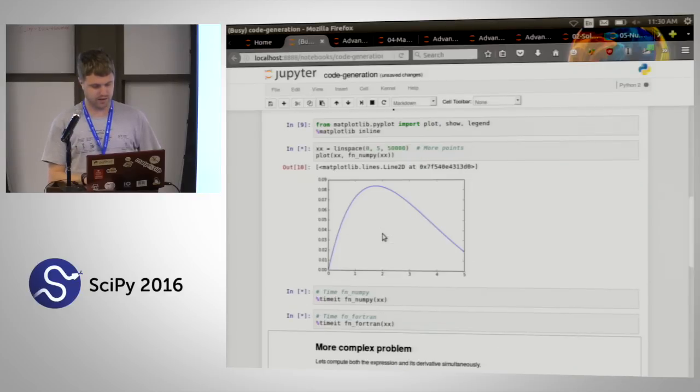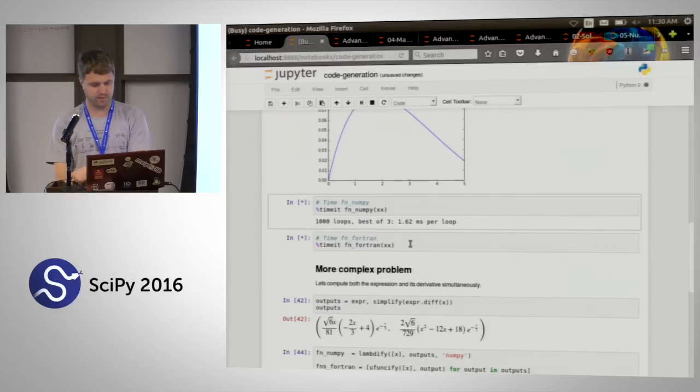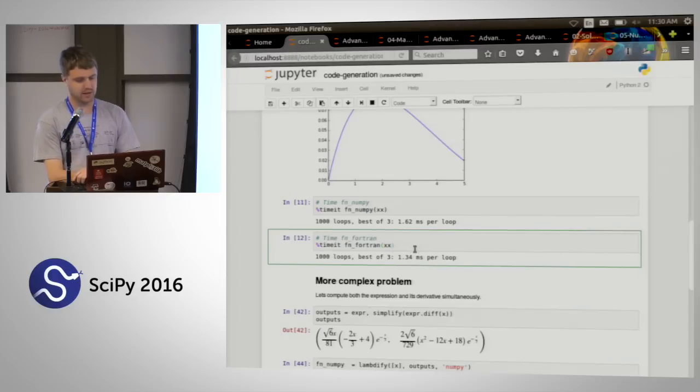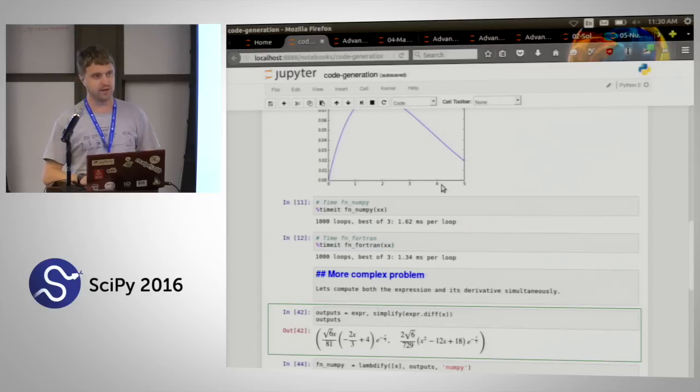And so we can plot them, and then we can see here the ufunc version, which has been compiled down. Yeah, so the ufunc version is faster than the NumPy version because it's been compiled down to a ufunc, which means that it should avoid some of the unboxing problems that you get with just straight NumPy.